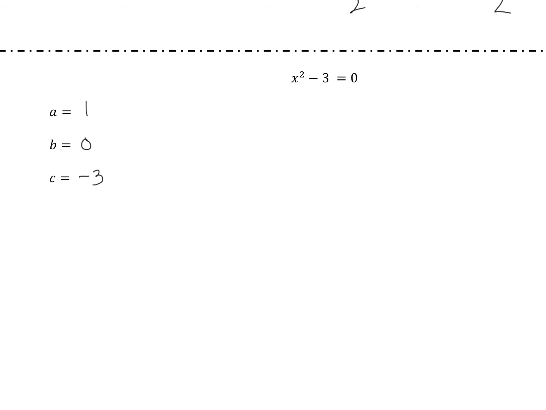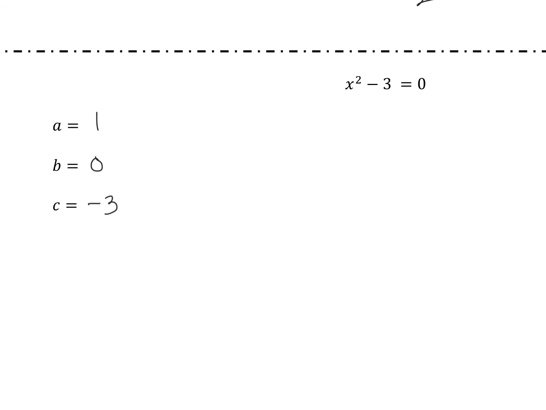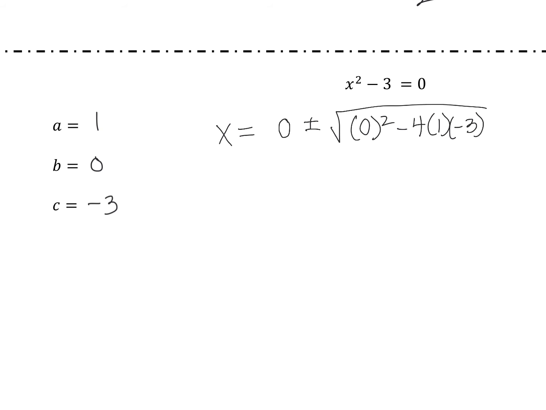And so now I'm going to substitute that into x equals negative b. Well, 0 is neither positive nor negative. Plus or minus the square root of b squared minus 4ac all over 2a.